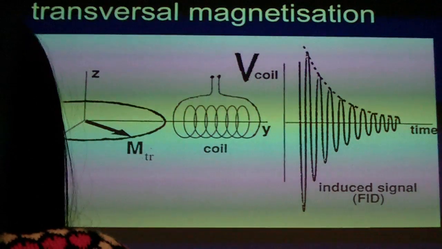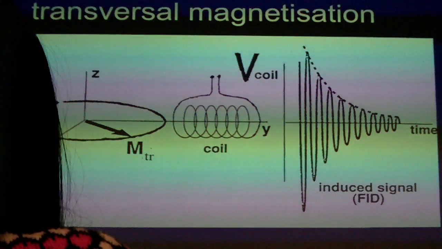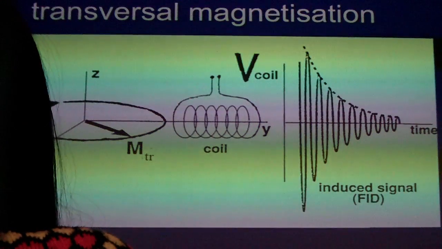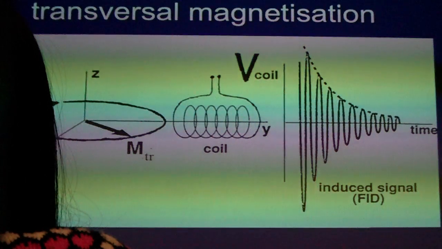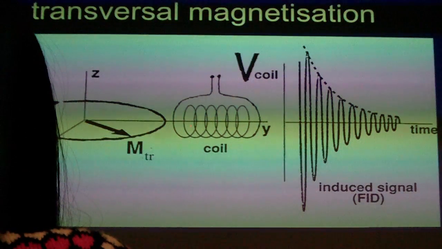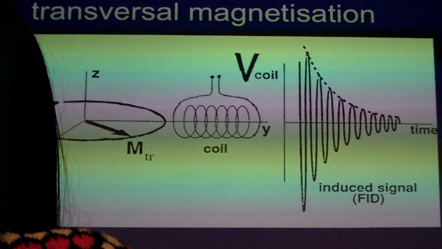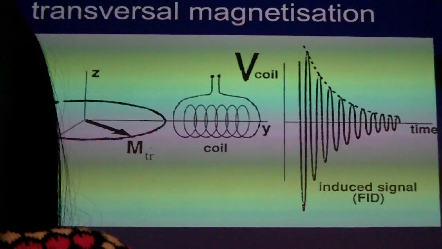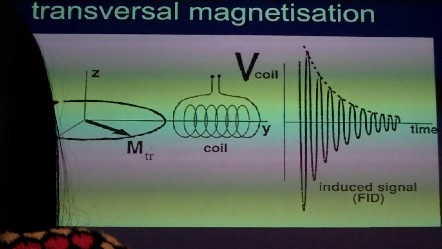Okay. Assume we have it there, in the plane perpendicular to the main magnetic field. We have a magnetization that is precessing with a certain frequency. So how can we now measure it? We have a changing magnetic field.